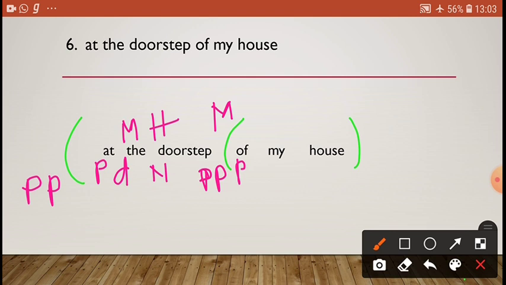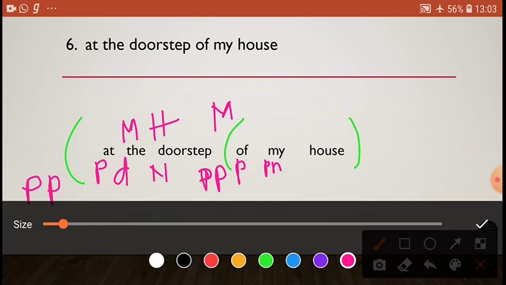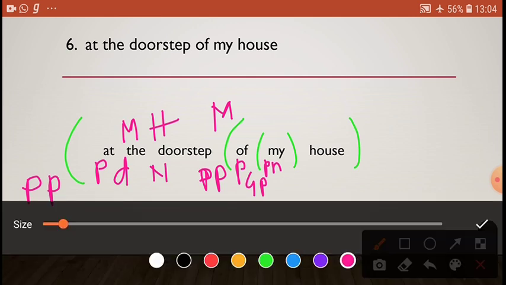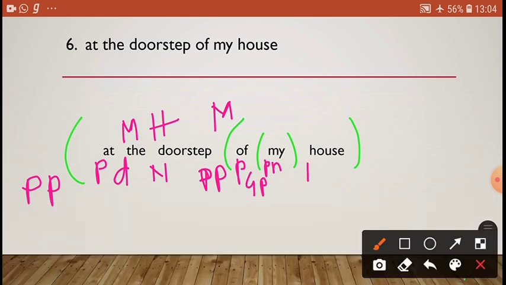My is a pronoun, but it is a possessive pronoun, and when there is a possessive pronoun we know it is considered a genitive phrase. So here you will write GP, genitive phrase, and this genitive phrase is the modifier of the head word, noun.